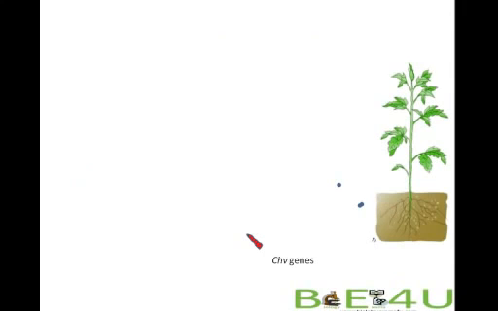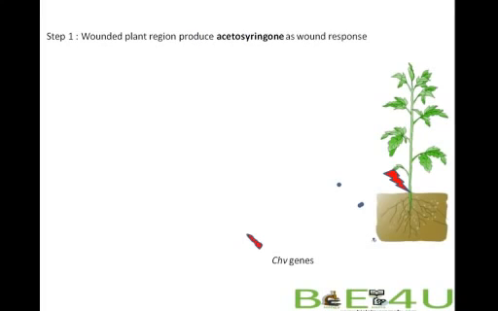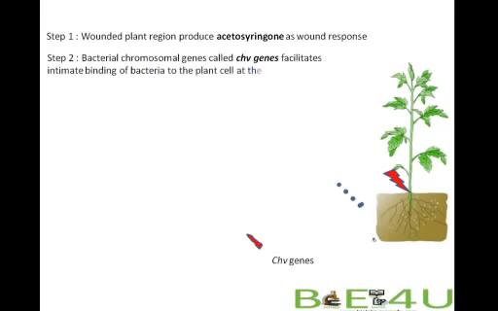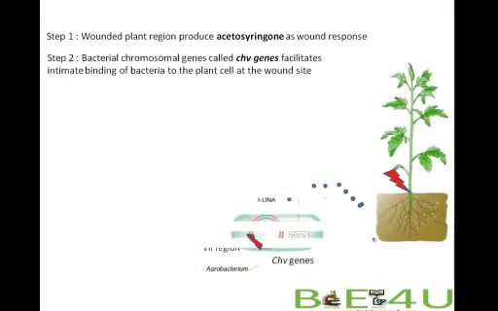Now let us look at the stepwise process of infection. A wound occurs in the plant. The wounded plant region produces a chemical called acetosyringone as a wound response. The bacterial chromosomal genes, called CHV genes or chromosomal virulence genes, facilitate binding of bacteria to the wound site.